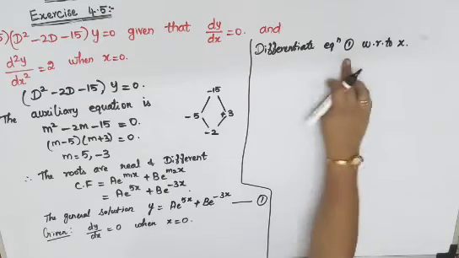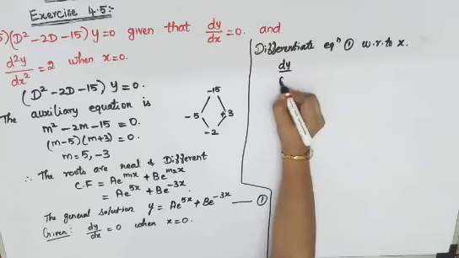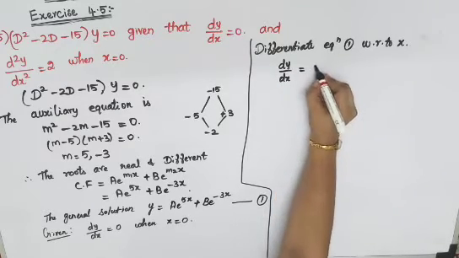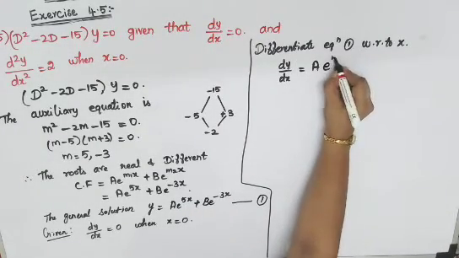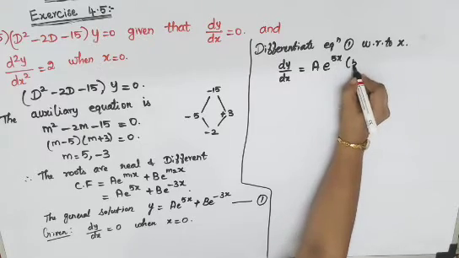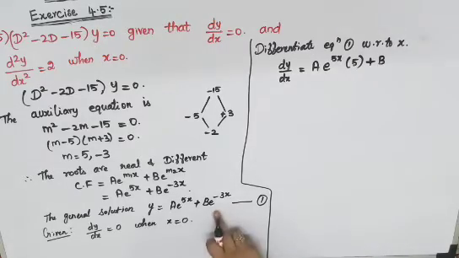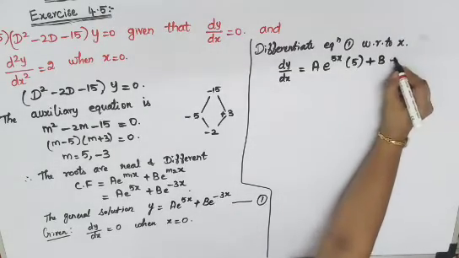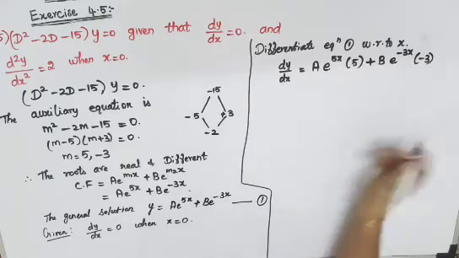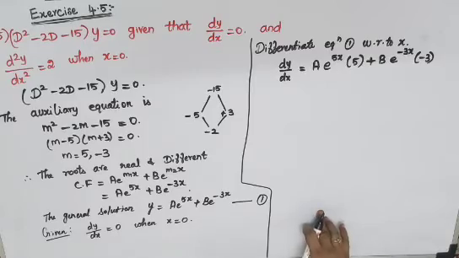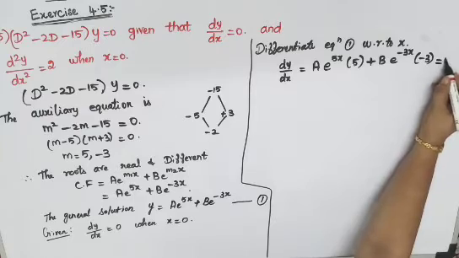So dy by dx is equal to a as it is, e power 5x, which on differentiating becomes e power 5x into 5, plus b as it is, e power minus 3x, which on differentiating gives e power minus 3x into minus 3. This is dy by dx, and that is given to be equal to 0.